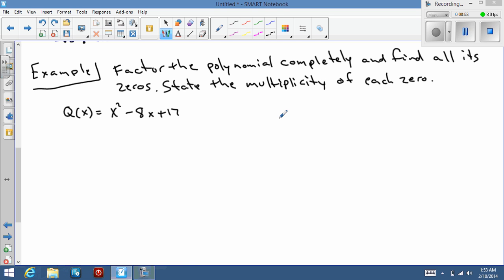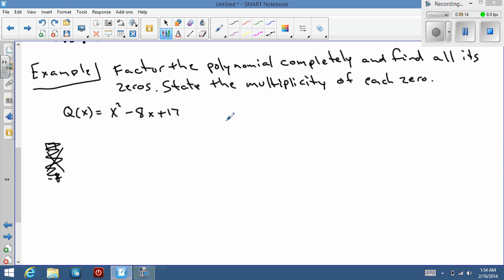So looking at this polynomial, it's a quadratic, but it is actually an unfactorable quadratic. If we take the factors of 17, the only factors we have are 1 and 17. They don't add up to -8, so therefore I cannot factor this.